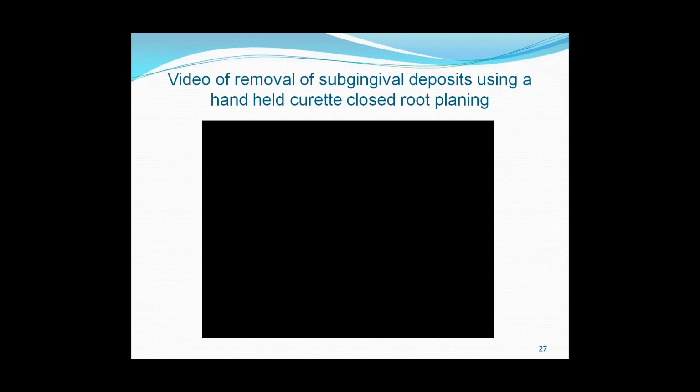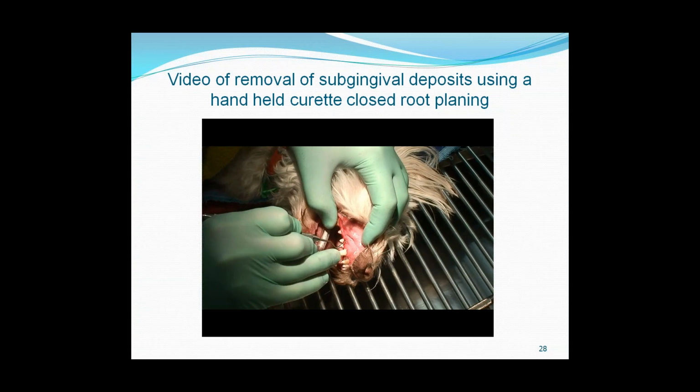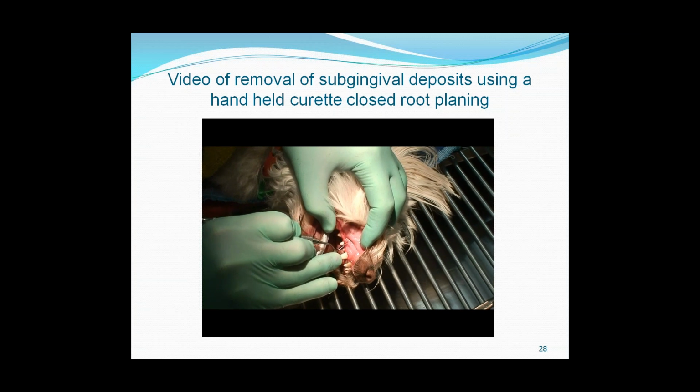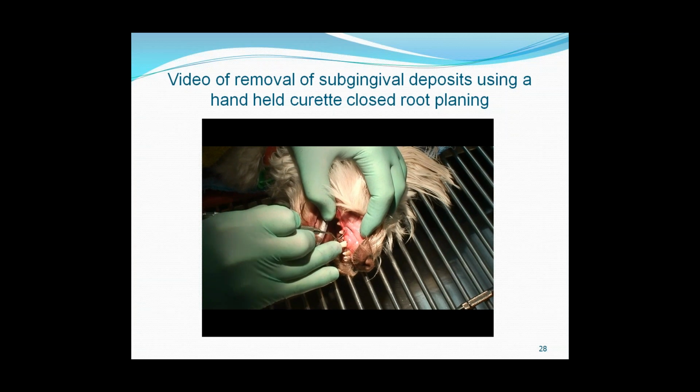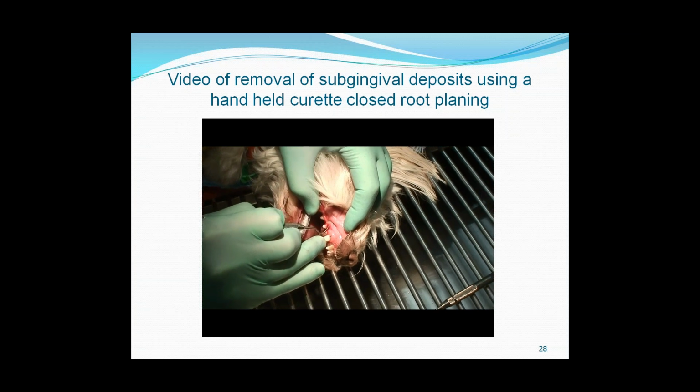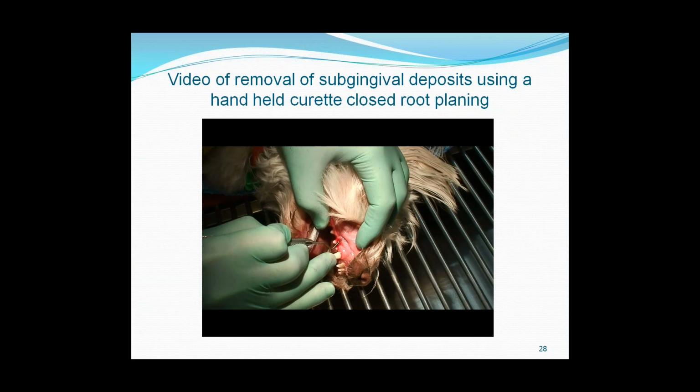So here's an example, two clinical examples as well. So the first one is of a dog, and you can see that the curette is being placed underneath the gingiva up into the periodontal pocket, and as it's being scraped down, you're debriding the root surface.